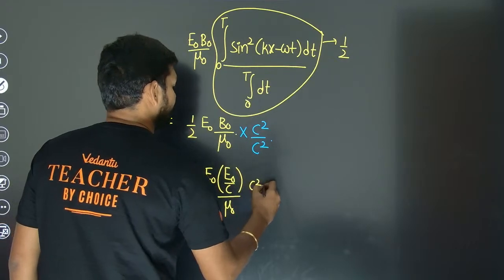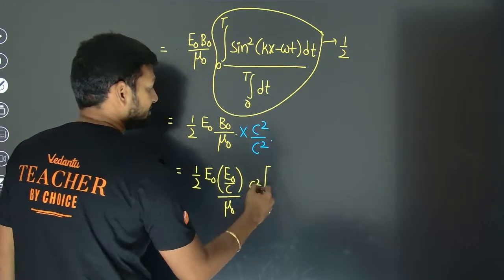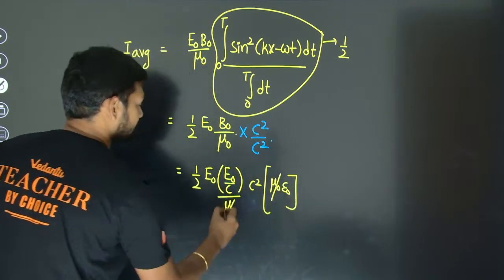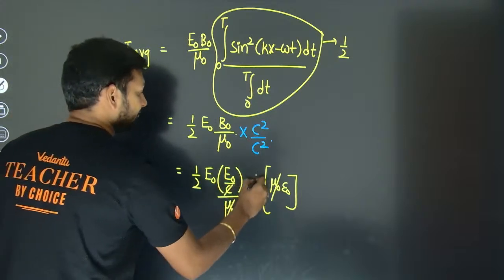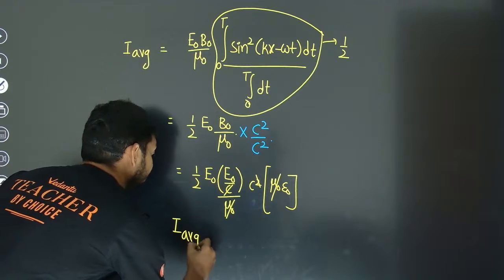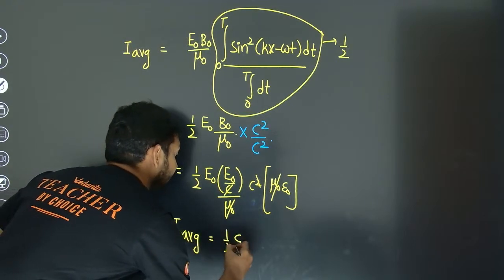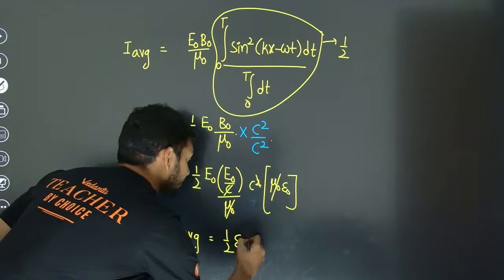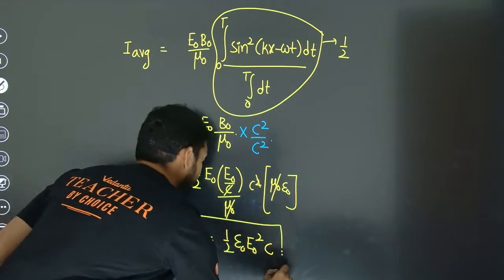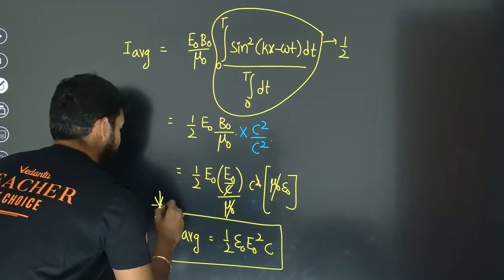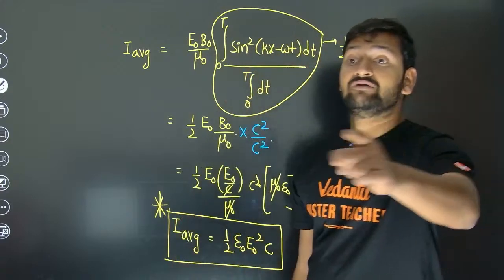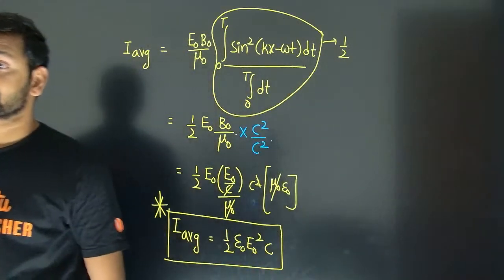You keep that upper c square as it is, but that 1 by c square, you write as mu naught epsilon naught. So mu naught and mu naught get cancelled out, and one c and one c get cancelled out. So the average intensity is half epsilon naught E naught square into c. A formula worth memorizing. And yes, we have a lot of questions coming on this.